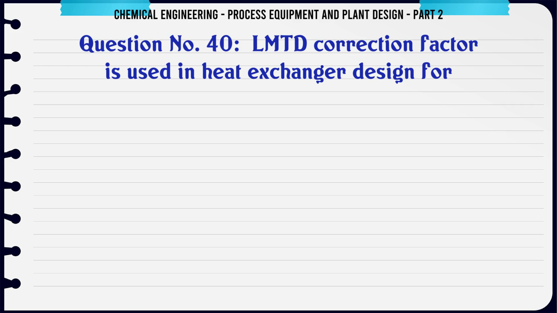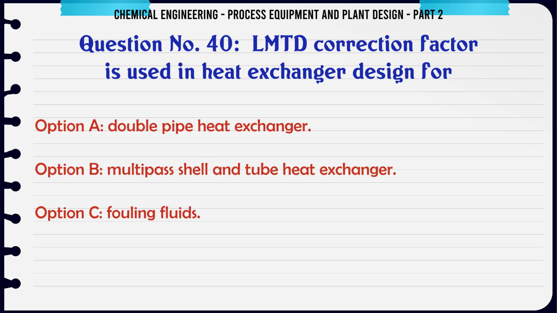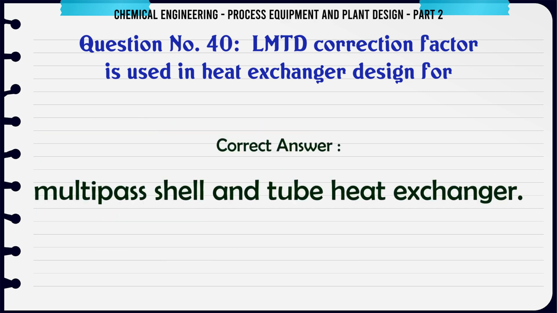LMTD correction factor is used in heat exchanger design for A. Double pipe heat exchanger, B. Multipass shell and tube heat exchanger, C. Fouling fluids, D. Counterflow of hot and cold fluids. The correct answer is multipass shell and tube heat exchanger.